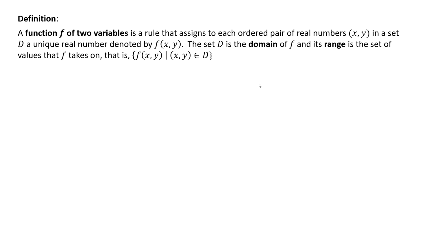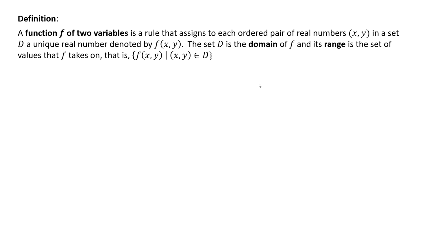And here a specific relationship is f of x comma y is x plus y. We could have f of x, y equals x squared plus y squared, or we could have f of x, y equals sine of xy, right? We could have all those situations, and that's all this is trying to say.